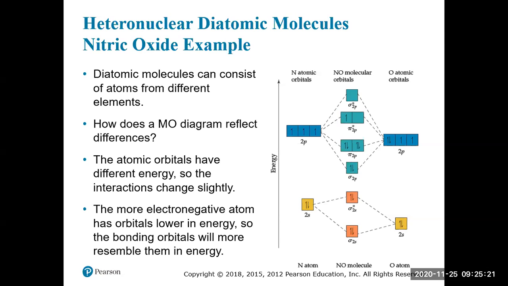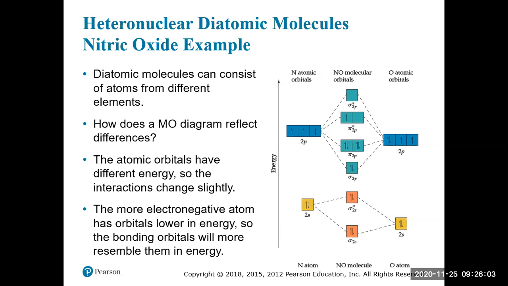On the right-hand side, the 2s and 2p orbitals are slightly lower than the 2s and 2p orbitals on the left-hand side. Remember, the left-hand side are the nitrogen atomic orbitals, the right-hand side are the oxygen atomic orbitals. Then in the middle, we see the molecular orbitals that result from the NO molecule. In this case, the sigma 2s orbital is a little bit closer to the 2s atomic orbital of the oxygen than to the 2s atomic orbital of nitrogen.